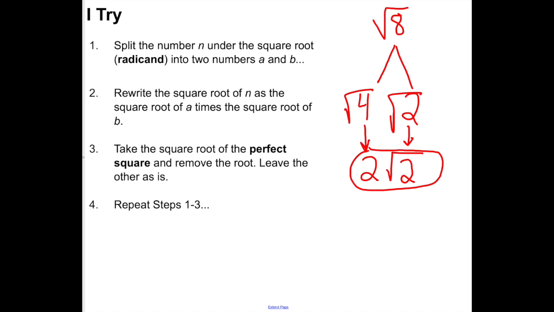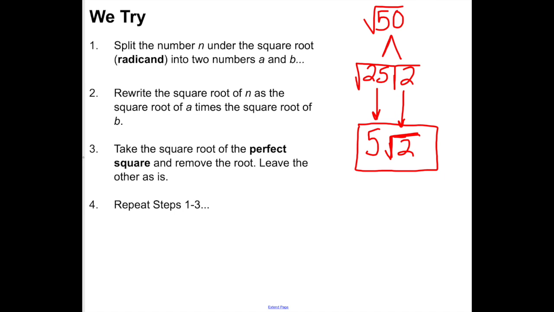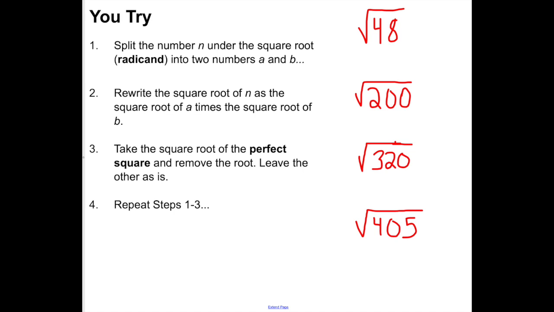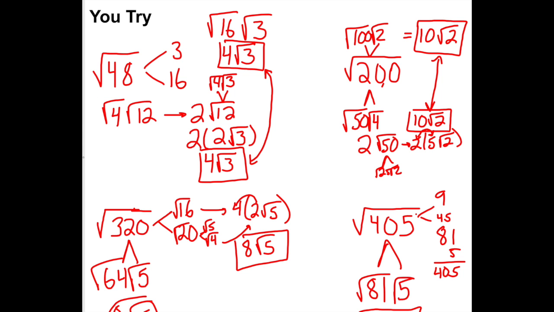And we looked at numbers like 8 that were a little bit more straightforward, 50 that required a little bit more thinking, and then numbers like 48, 200, 320, and 405 that really required us to dig deep. Remember that there could be multiple different paths to a solution, but the goal is to simplify completely, to keep going until you cannot break them down anymore.